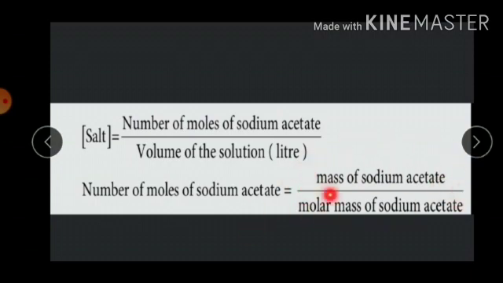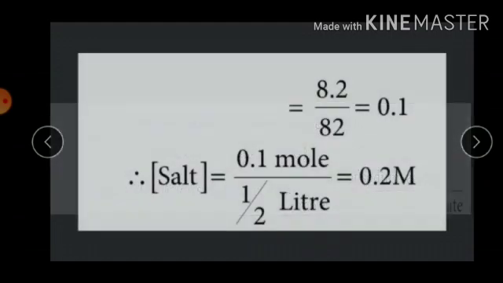The mass is 8.2 grams, given in the question, and the molar mass of sodium acetate is 82, so it is equal to 0.1. The salt is 0.1 mole divided by 500 ml, that is half a liter, which is 0.2 moles per liter.